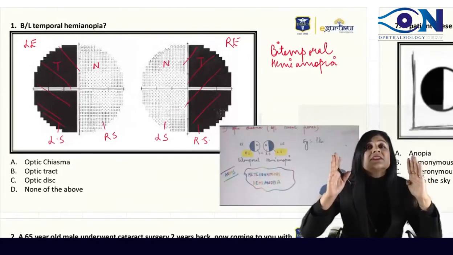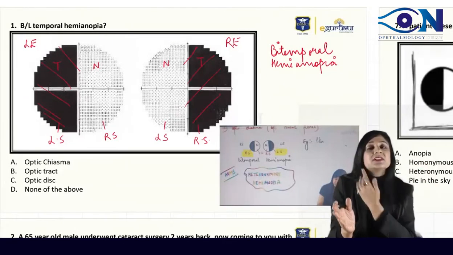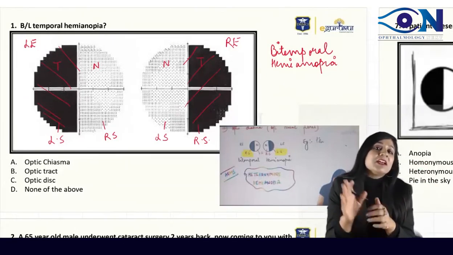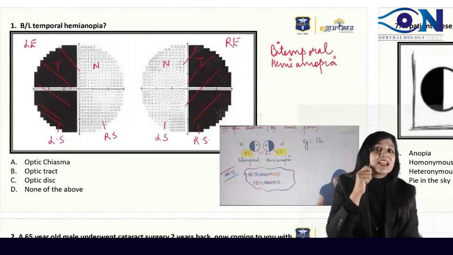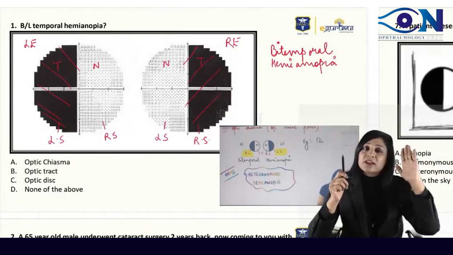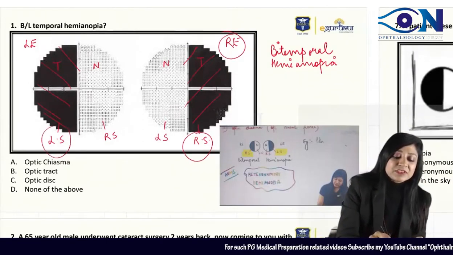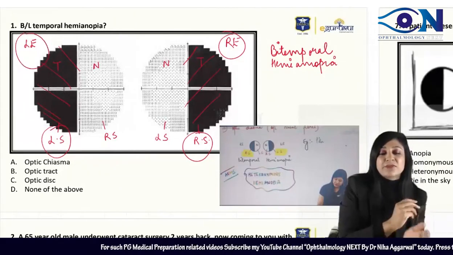Now though it is field wise the same, bitemporal of both the eyes, if you look at the side, the temporal field of my right eye is on the right side and the temporal field of my left eye is on the left side. So the right side of the right eye and the left side of the left eye is affected.